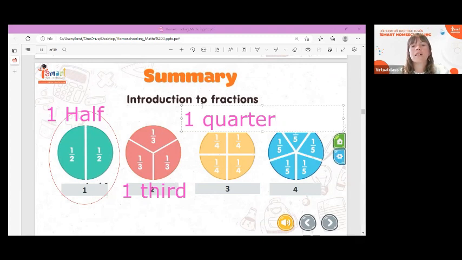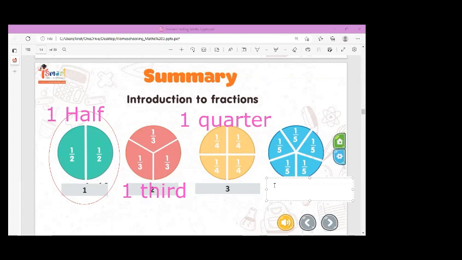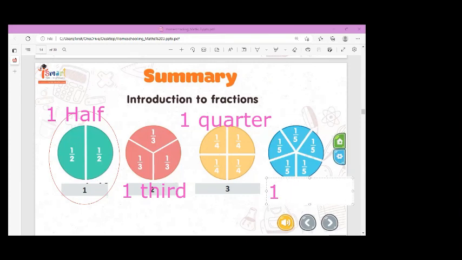Great. All right. And the last one. Who can tell me what fraction is this? Bảo Nam. Đỗ Minh Trí. Yes. This is 1/5.